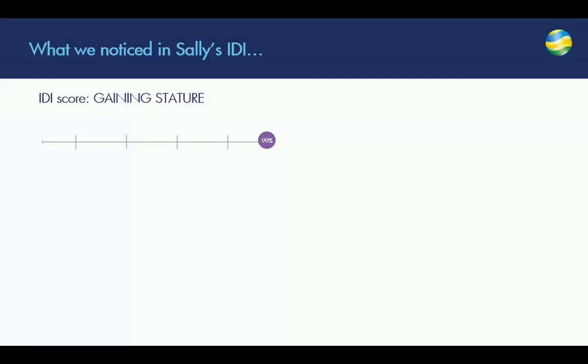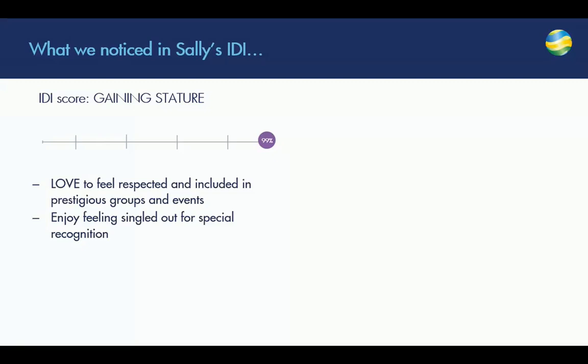People who are high in gaining stature get a lot of energy from getting recognition, being visible, getting credit for work that they do. They love to feel respected and included in prestigious groups and events, what they consider valued groups and events. They also enjoy feeling singled out for special recognition.